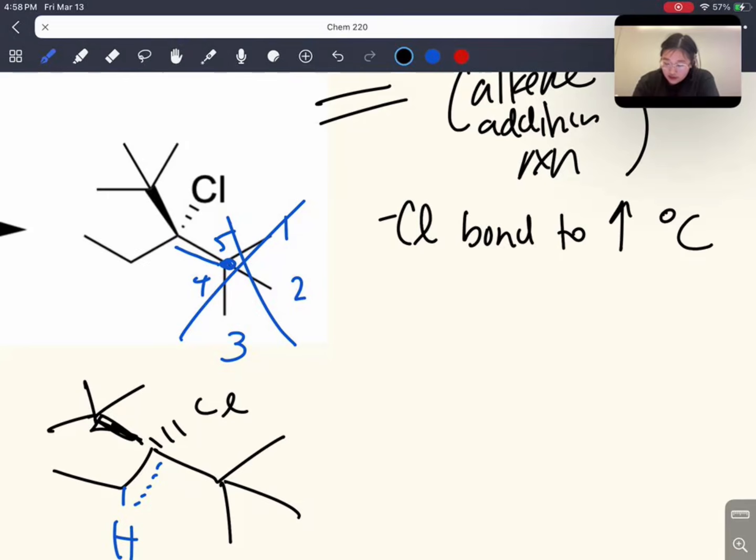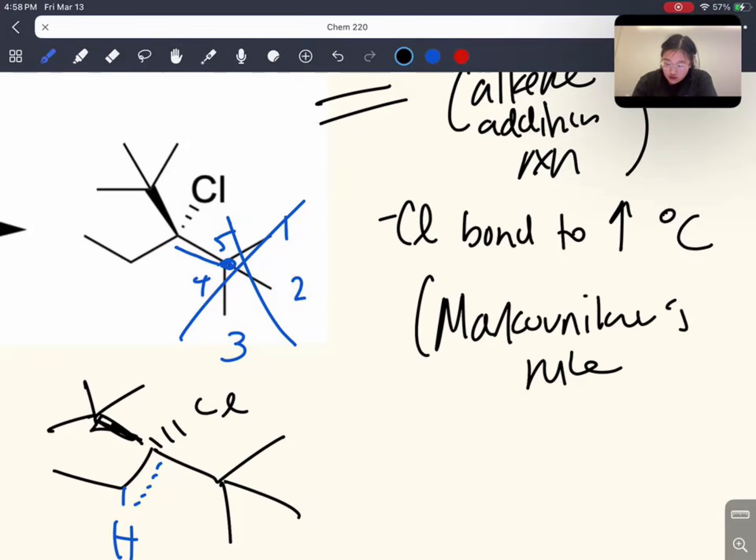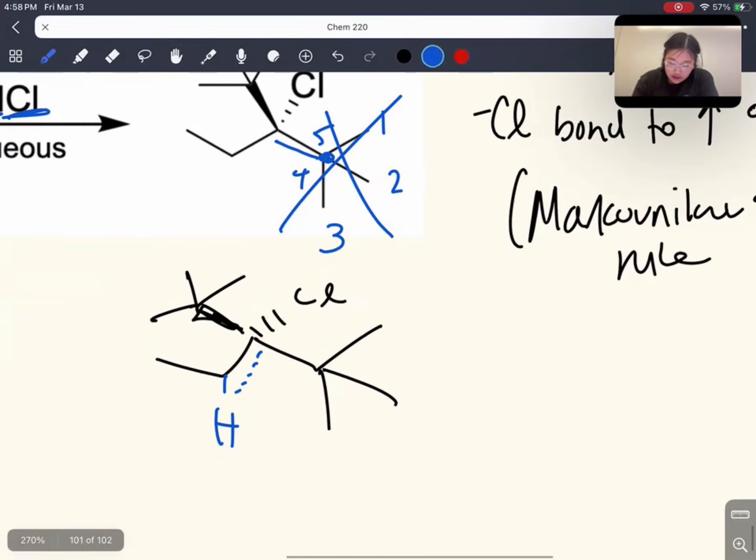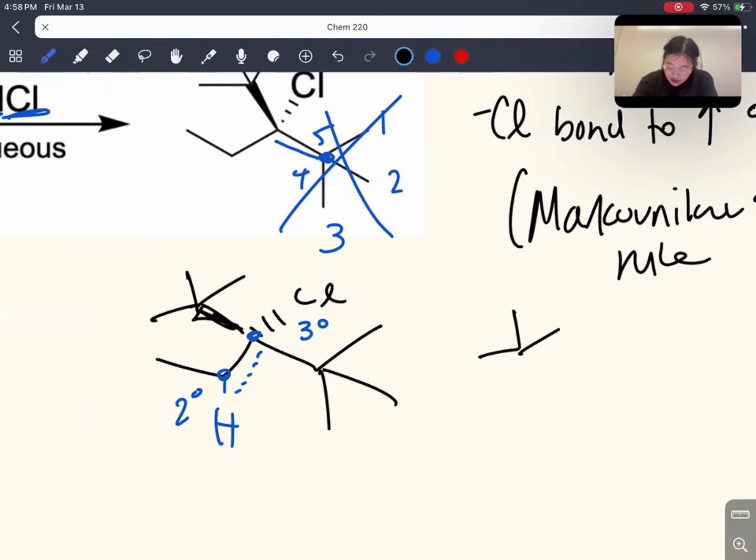This is the Markovnikov rule. So I have to look at the substituent number of these carbons. This carbon is tertiary, this carbon is secondary. So yes, that's an option. You could have this exist as a possible alkene.